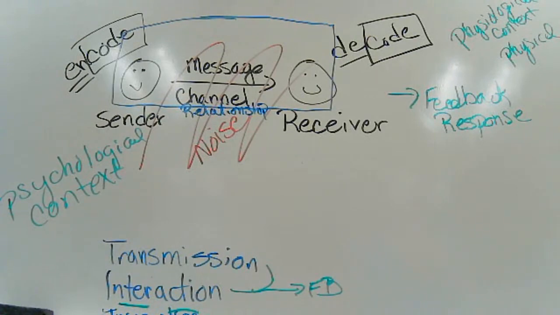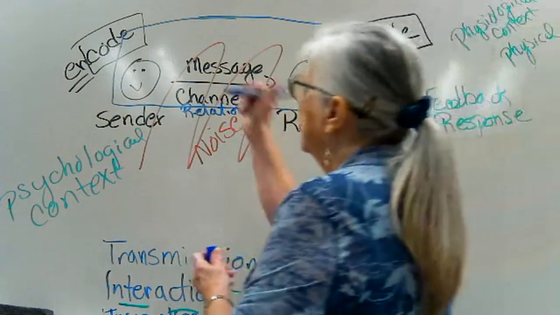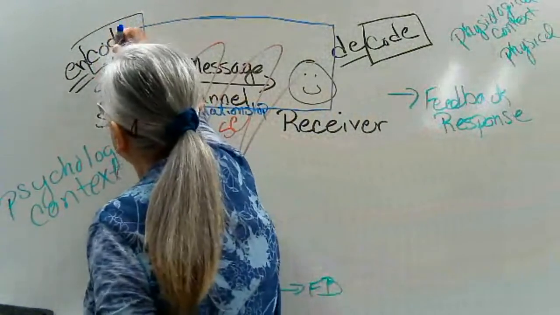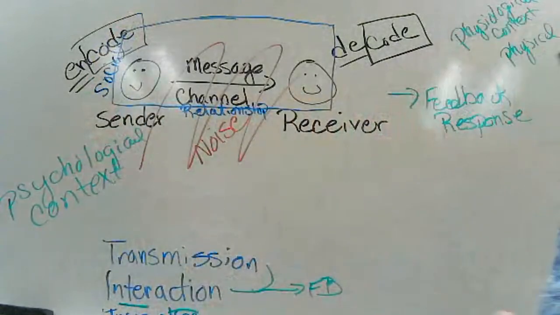All right. Now we also have here on the model they've added social. This relates a little bit to relationship, but it really is now looking almost like socioeconomic breakdown.